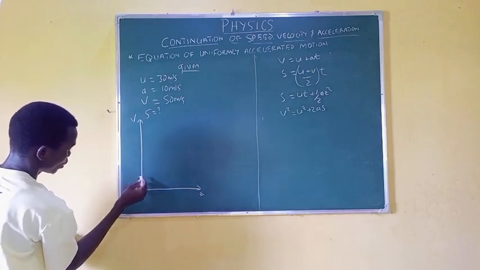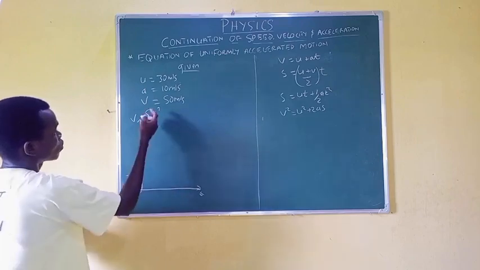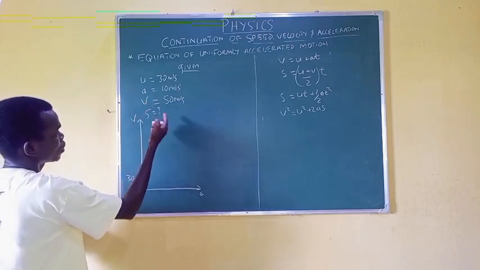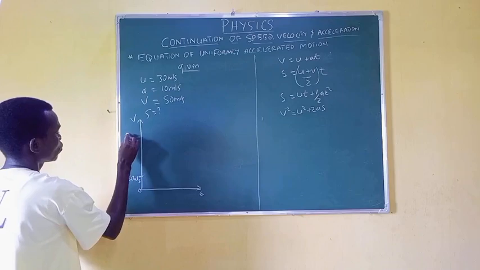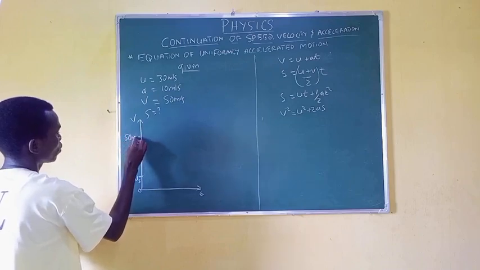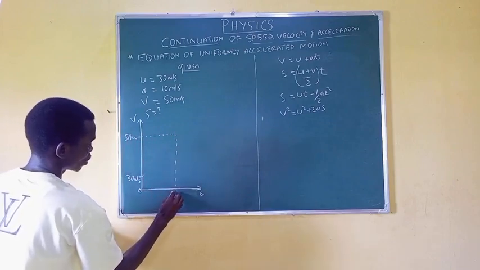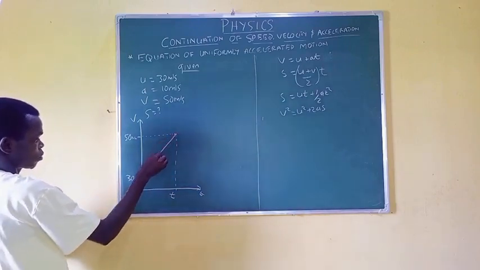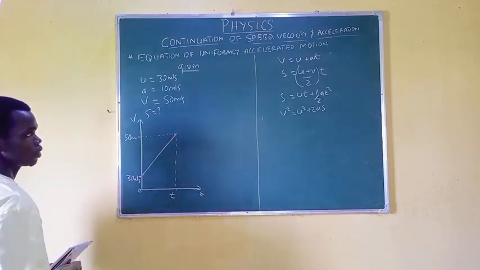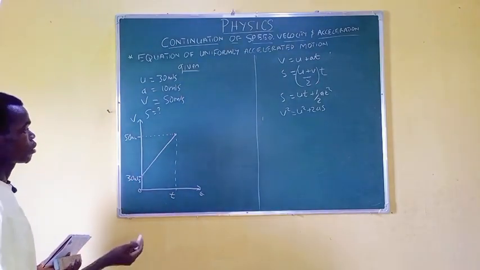Let's assume here to be 30 meters per second, and final velocity is equal to 50. Let's assume here to be 50 meters per second at time t. Then when you draw here to the initial, this is our velocity time graph.